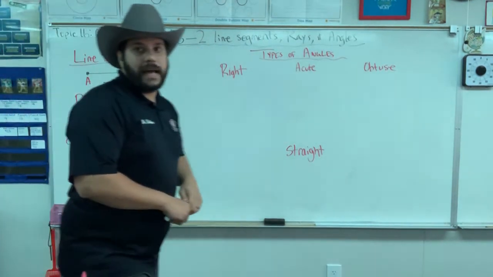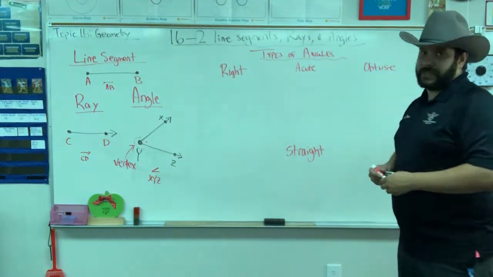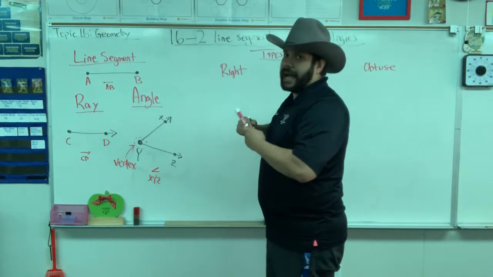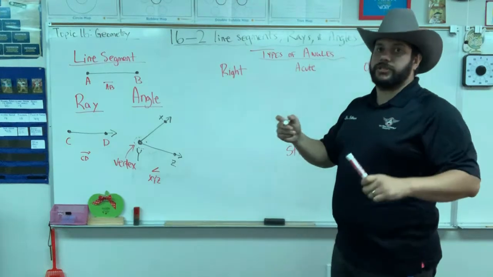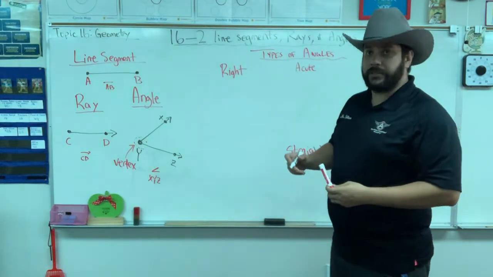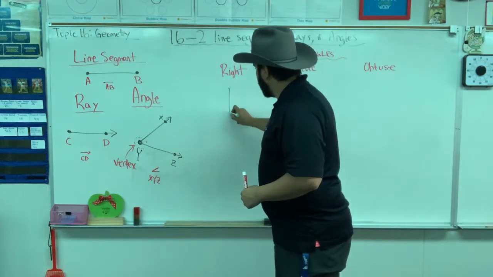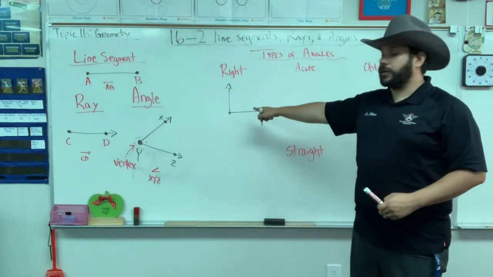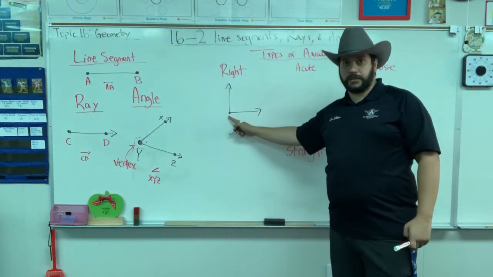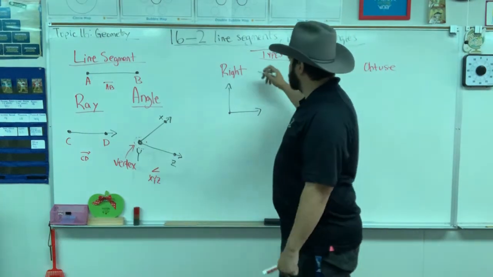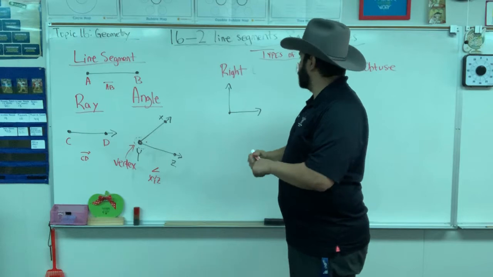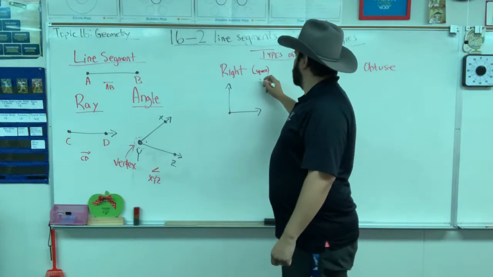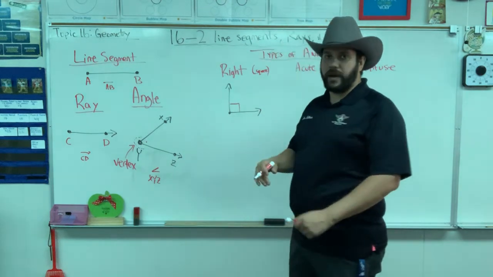Now, let's take a look at different types of angles, okay, y'all? To begin with, we have a right angle. Now, I think your book does you a disservice. It does not talk about degrees here. I'm going to. So, a right angle, remember, two rays joined at a single point forming a vertex. Okay, a right angle is sometimes called, this marker's dying, a square angle because it is square.